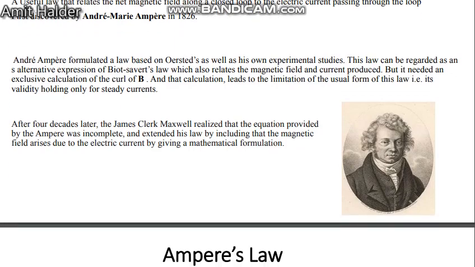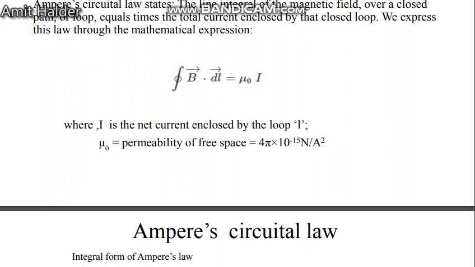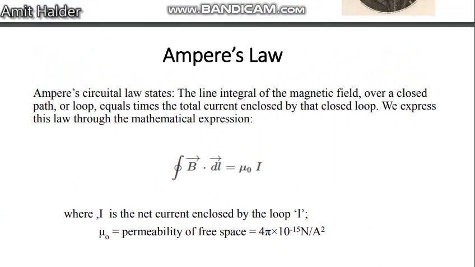So coming back to the point, what is Ampere's Circuital law? It states that the line integral of the magnetic field, B dot dl, over a closed path or loop equals mu naught times the total current enclosed by that closed loop.